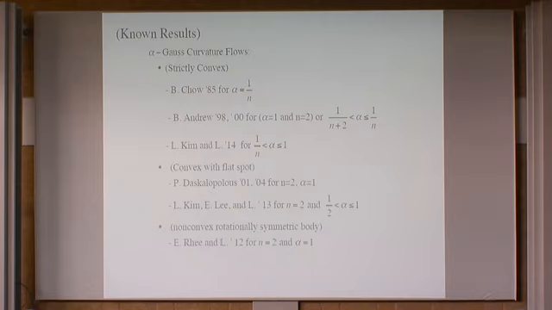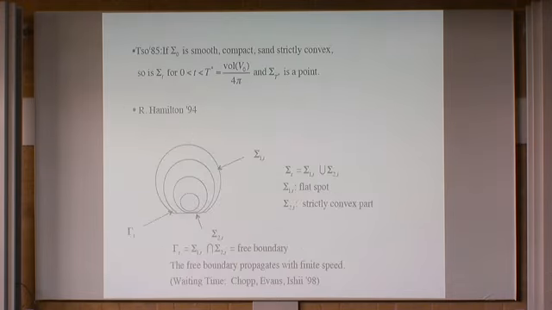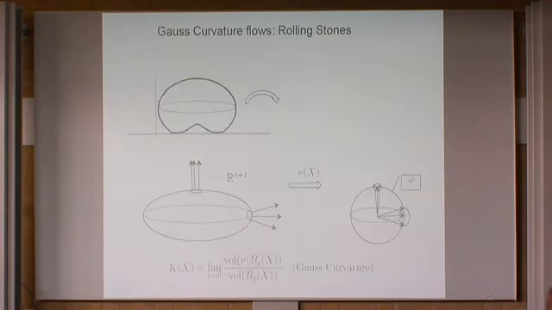Okay, and if the surface has a flat spot, then we have some results in 2D for the Gauss curvature flow. And for the alpha-Gauss curvature flow, we have some results with Lami and Ungeli. Then we also consider the non-convex surface. If you look at the rolling stone that I showed at the beginning, the first picture here is harder to roll around, as you know.